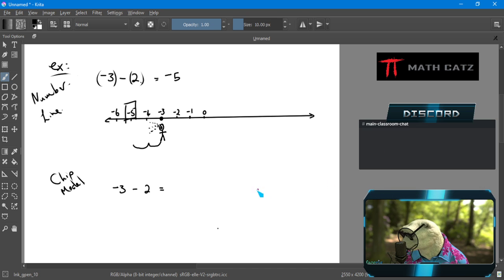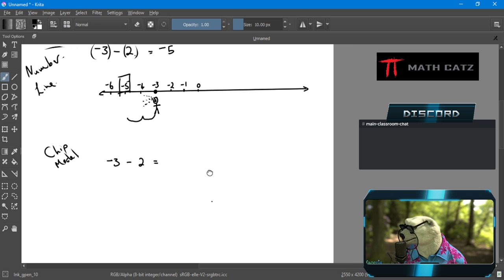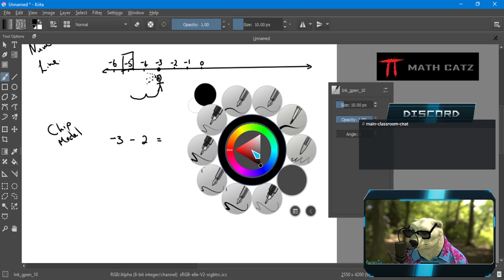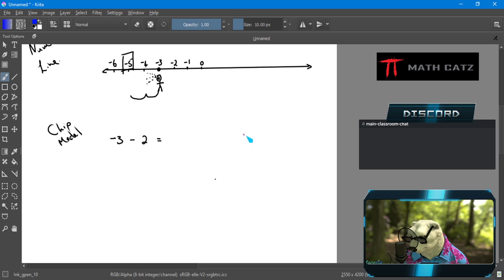Absolutely. Okay, let's see if we can keep both in the same screen. Sure, why not? They've got very little to do with each other, but let's get some color in here. Let's make blue circles positive. Let me color it in as well.